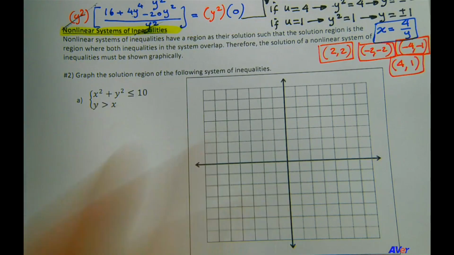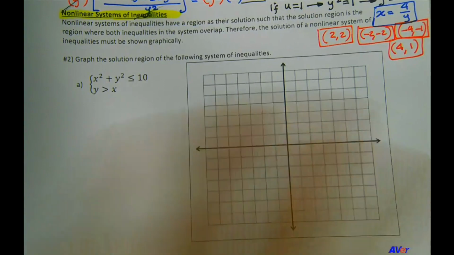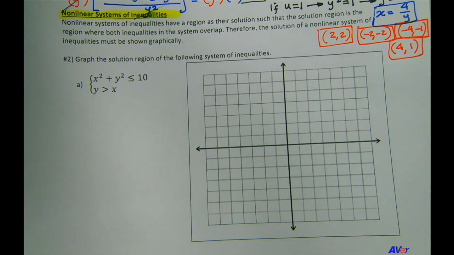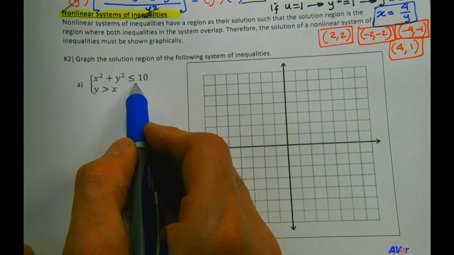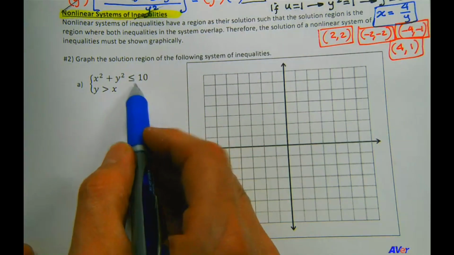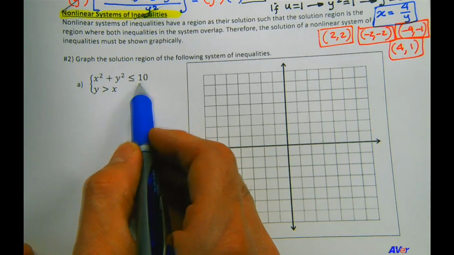So basically some of these are easier than others to plot. I'm going to roughly plot these, and then we're going to go to the computer. And at the very end, we'll do that. Okay? So this x squared plus y squared less than or equal to 10, this is a circle of radius square root of 10.